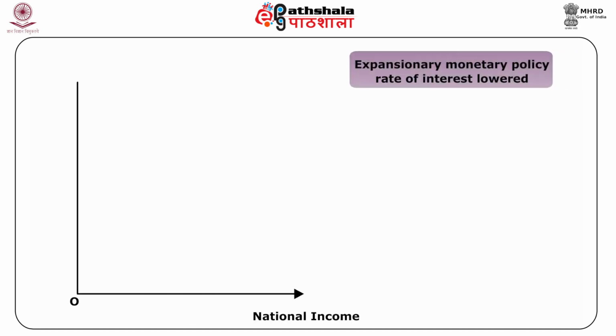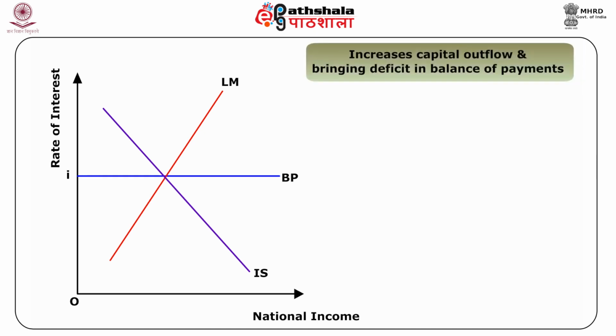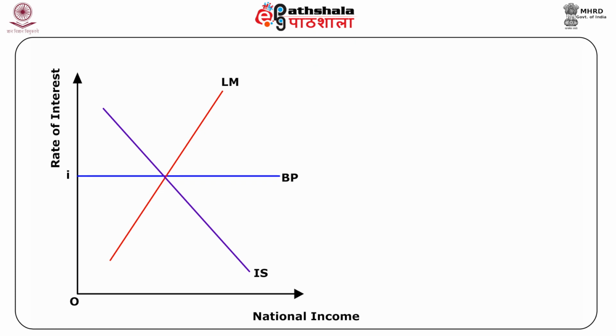With expansionary monetary policy, the rate of interest is lowered, which increases the capital outflow and thereby brings a deficit in the balance of payments. As shown in the figure, the equilibrium is at point E, where IS, LM and BP intersect. An expansionary monetary policy shifts the LM curve to the right to the LM dash curve.